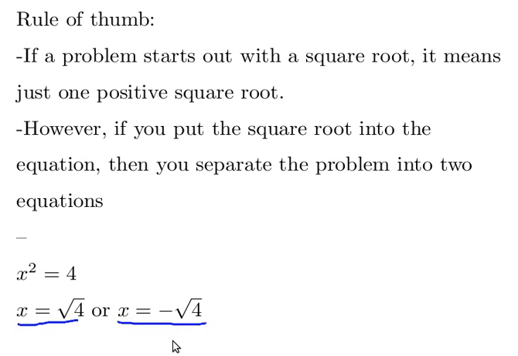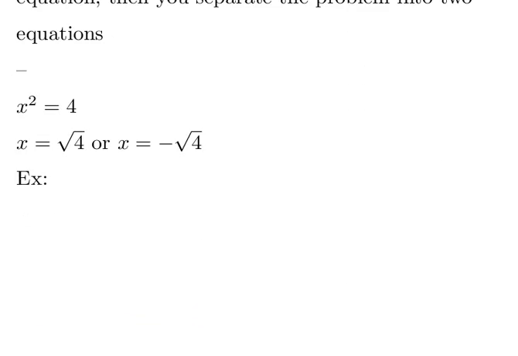So, let's go on to another example of the same type of thing. Example, x squared equals 36. So just like before, we want to take the square root of both sides, but to do that, we're going to have to separate this into two different problems.